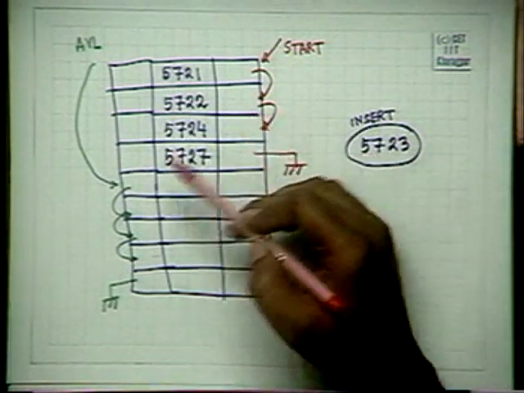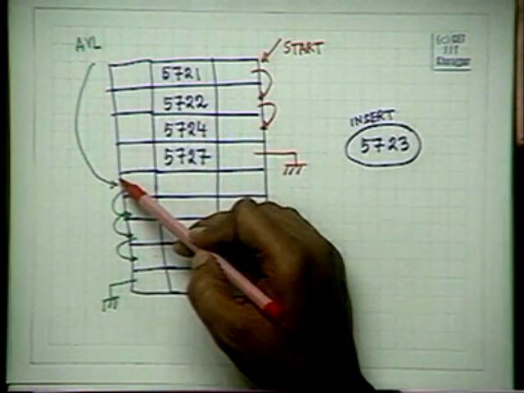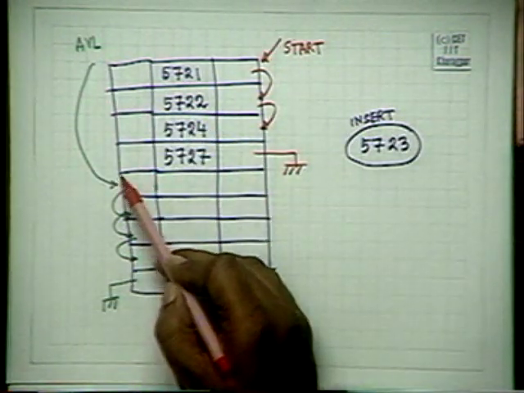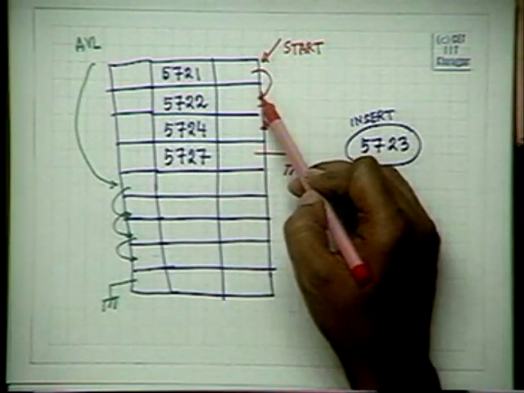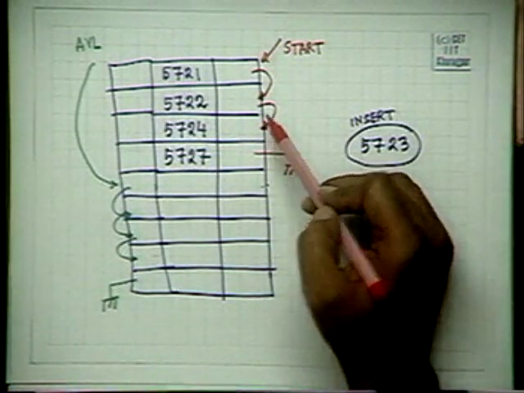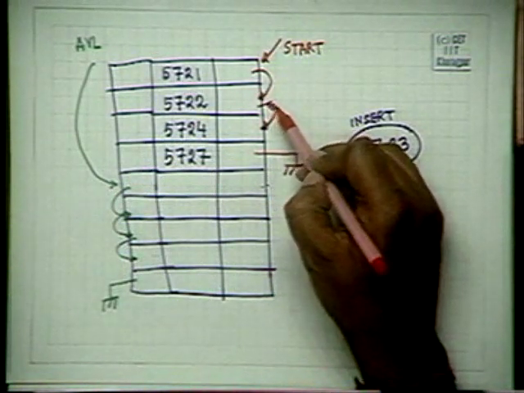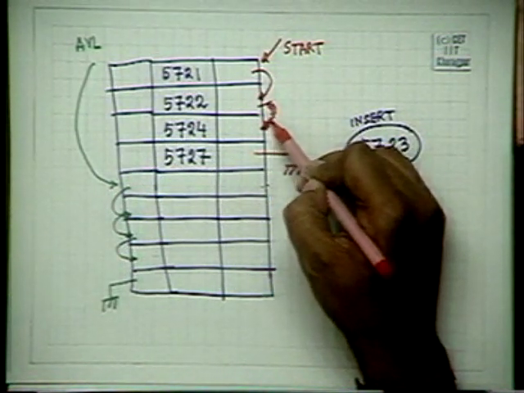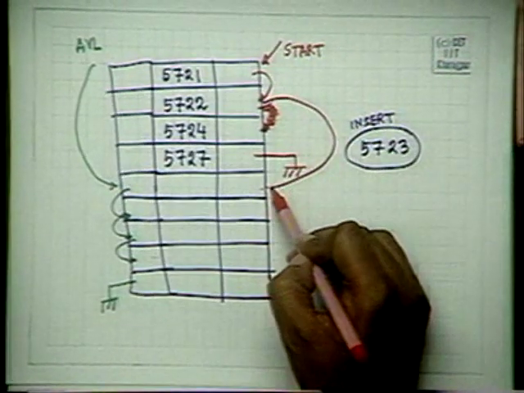I will go to the first available slot using this available pointer. So I know this slot, and I will make this one point here, this one point to the next one of this one. So I will change this pointer. I will remove this, make it point here.